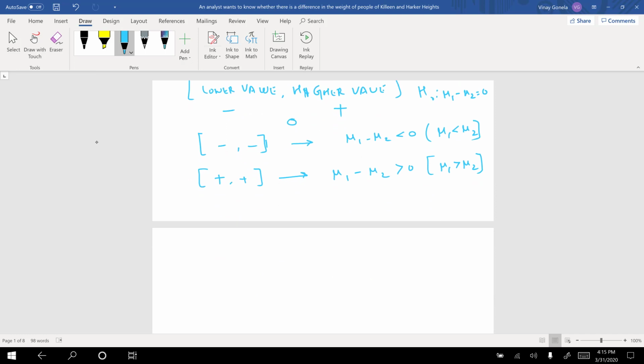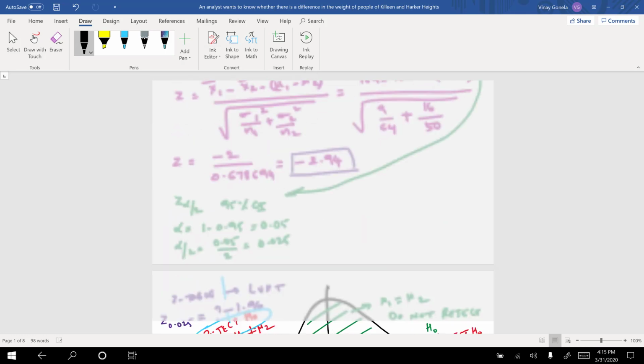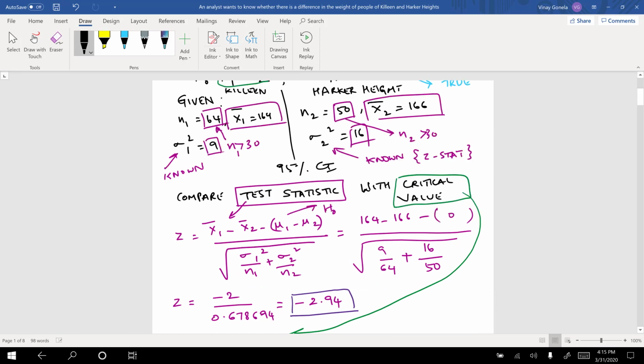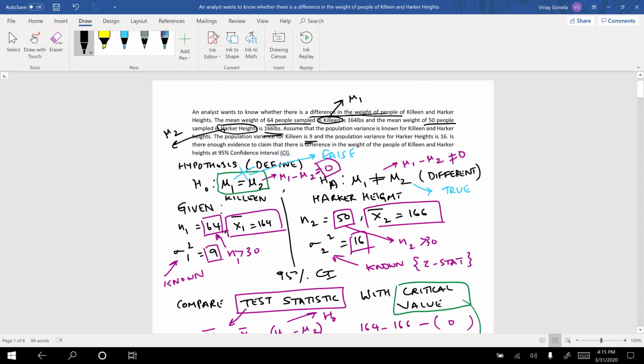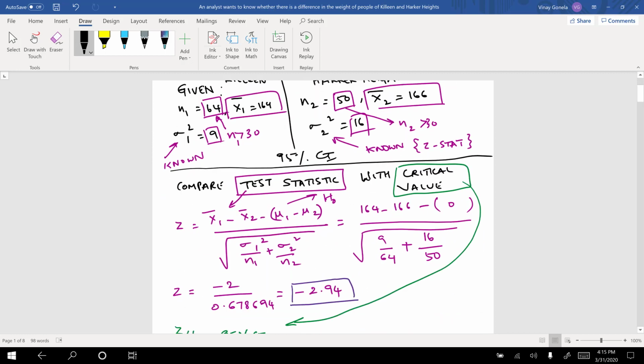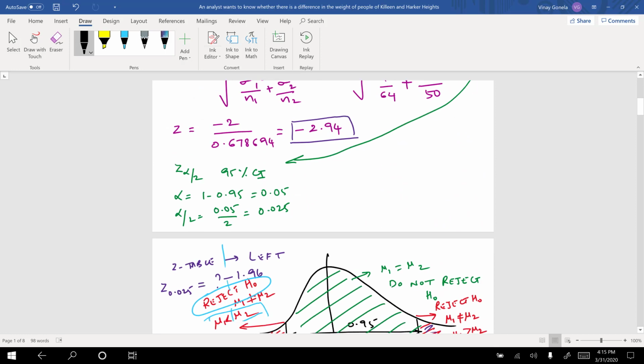So let's do the same problem using our calculation aids. Again, I will note down all the values which were given in the problem. So I will go here and copy down the entire hypothesis and all the values given here.